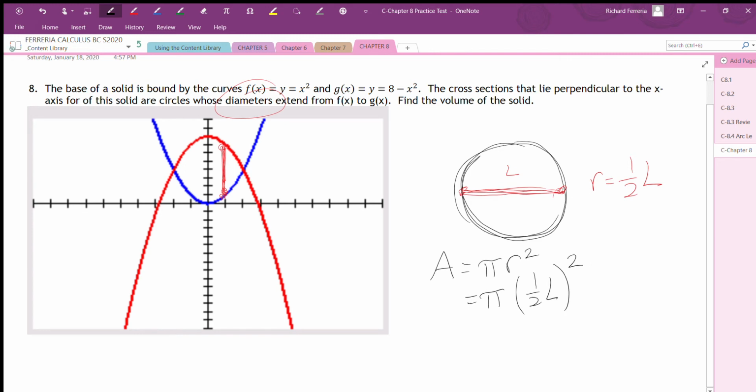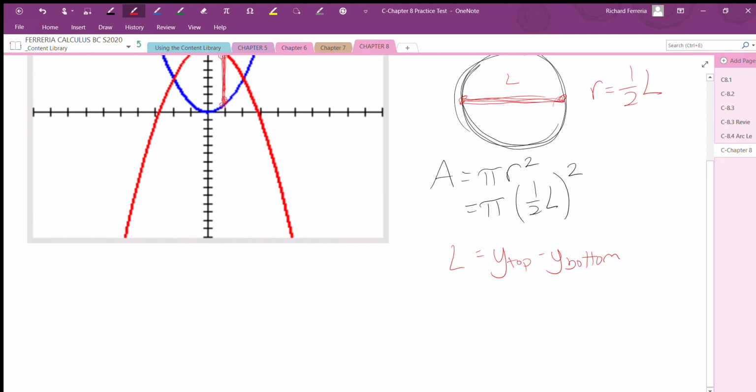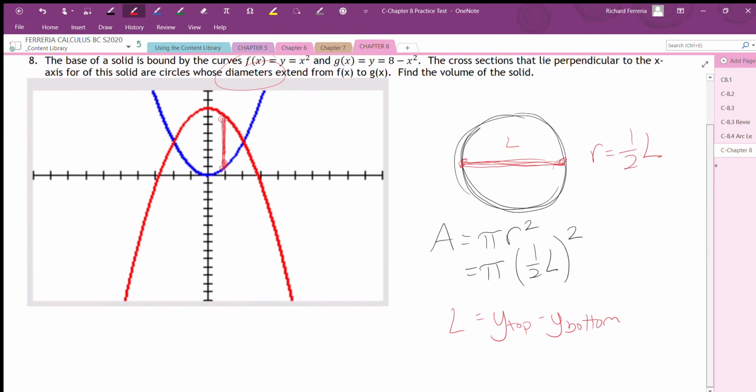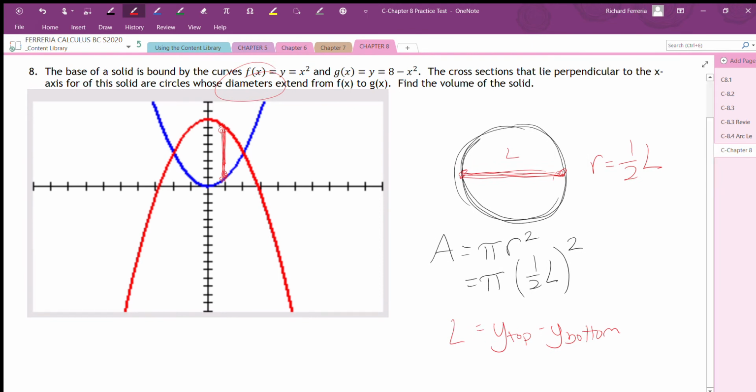That length is the distance from the red curve to the blue curve, which is the difference in y coordinates. So the length is equal to the y on top minus the y coordinate on the bottom. These are general y coordinates, so we look to see if there is a function that goes along with each. On top, we can see it's on the red line, which is 8 minus x squared.